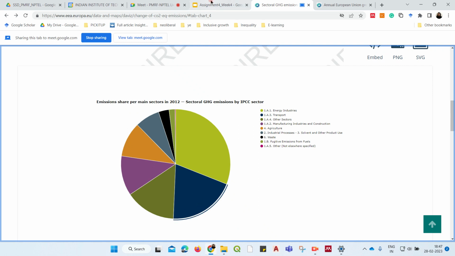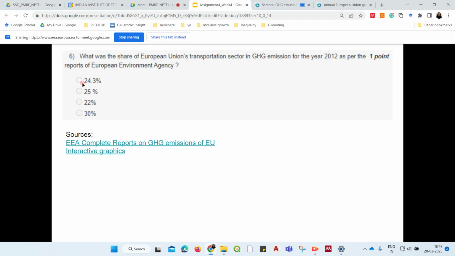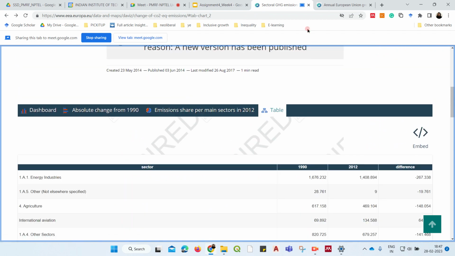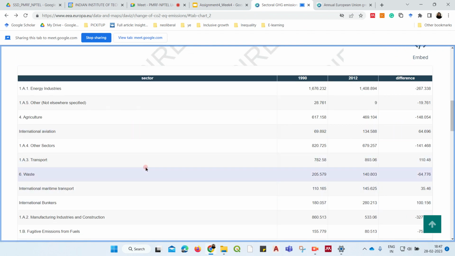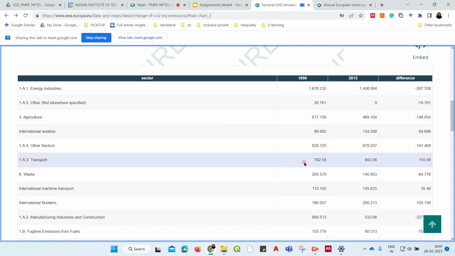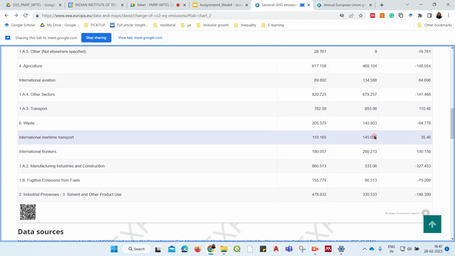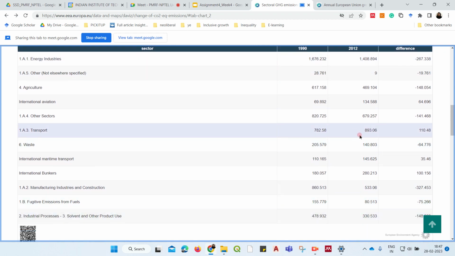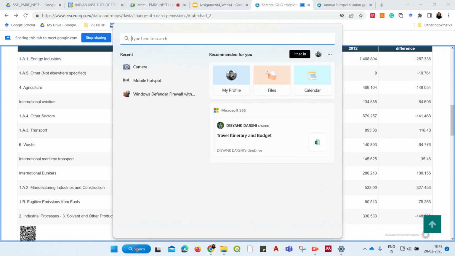So it does not show in percentage, while the options you have been given are in percentages. So what you can do here is go to the table and calculate the percentage of the transportation sector. So you can add up emission from all different sectors and then calculate the percentage. So I'll show you how you can do that.